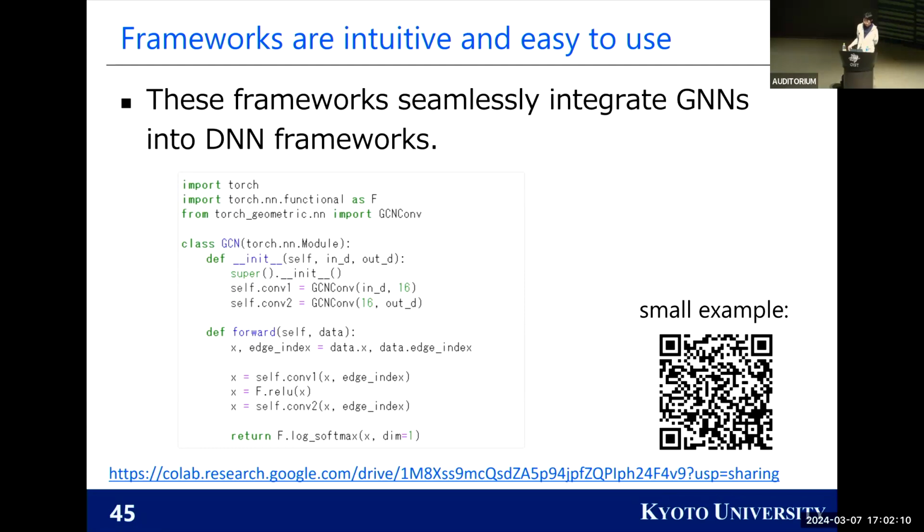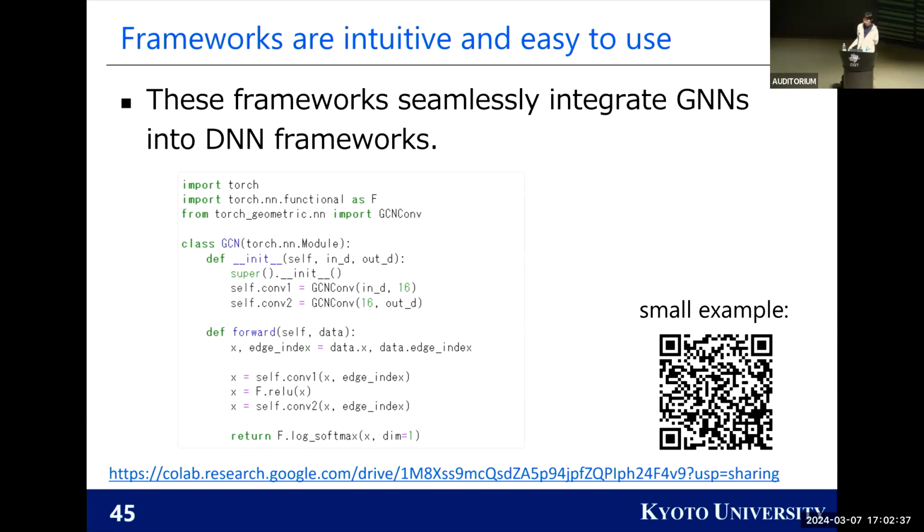You can define the forward function just like standard neural networks, and we can use activation functions like ReLU from PyTorch in the same way. The only difference is we need to input the edge index information to the convolution. This is the only difference from standard neural networks.